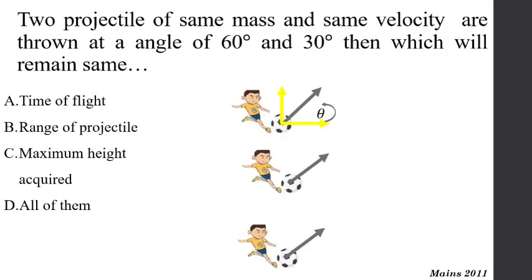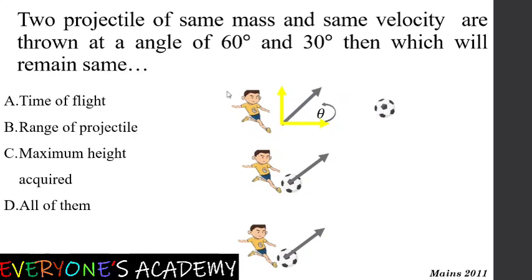In the same fashion, one more question was asked, that is, two projectiles of same mass and same velocity are thrown at an angle of 60 degrees and 30 degrees. Then which will remain the same? As we have seen earlier, the correct answer is range is the same. But will the time of flight be the same, or the maximum height? No, because here the angle is nearly 60 degrees and here the angle is nearly 30 degrees.